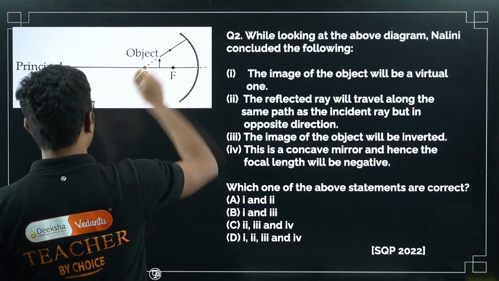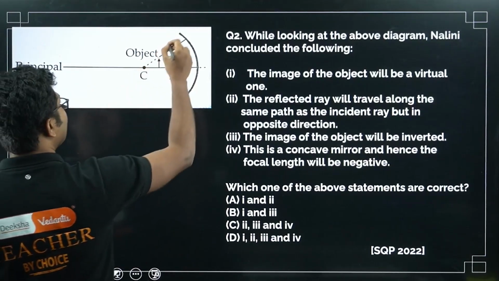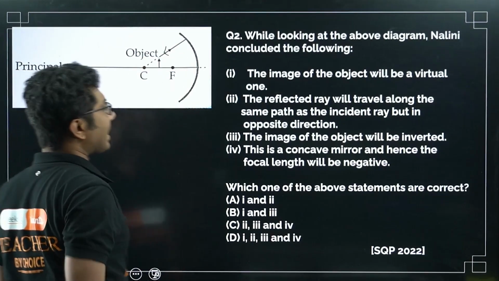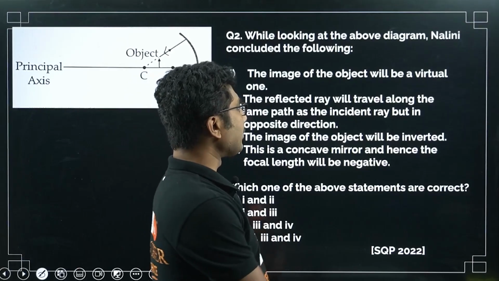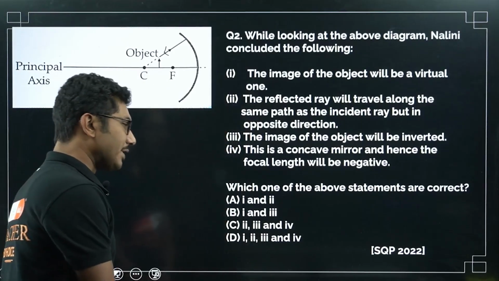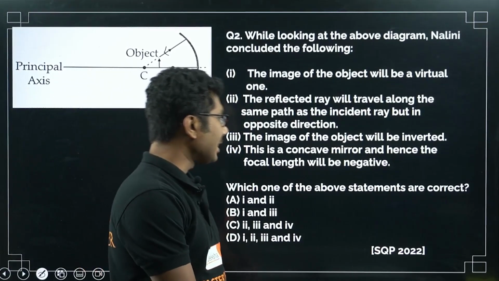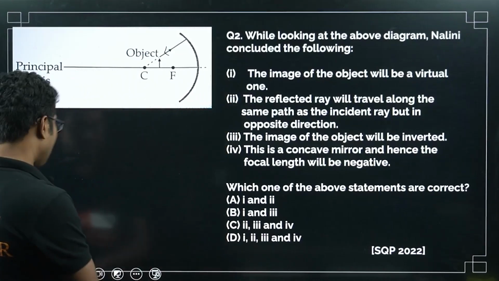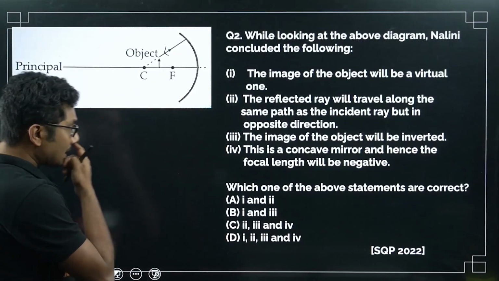Third, the image of the object will be inverted. And fourth, this is a concave mirror and hence the focal length will be negative. So these are all the observations.